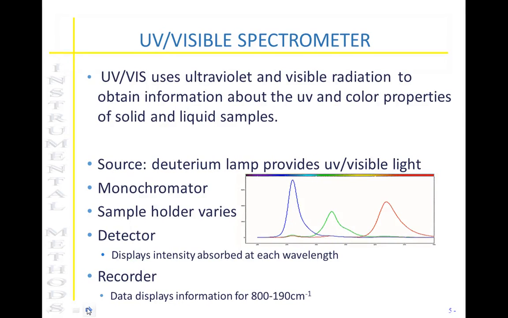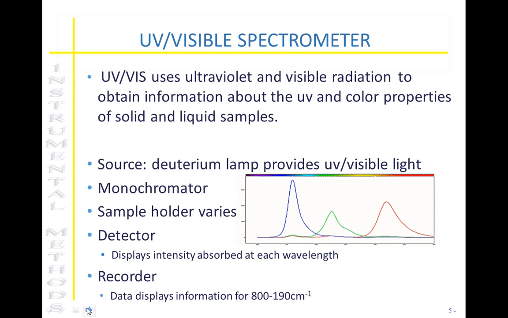The UV visible spectrometer takes advantage of ultraviolet and visible radiation to obtain information about the UV and the color properties of your solid or liquid samples. A deuterium lamp source is what will provide the energy to the sample.